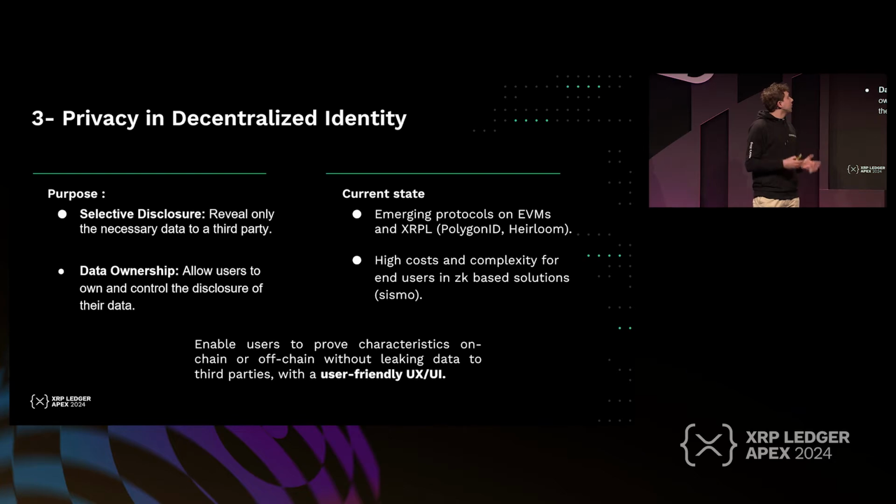So what we want to achieve with privacy in decentralized identity is to enable users to prove on-chain or off-chain characteristics without leaking any data, with a simple UX/UI. And the first step is to have a simple UX/UI for Web3 people. So what can we build on the XRP Ledger?